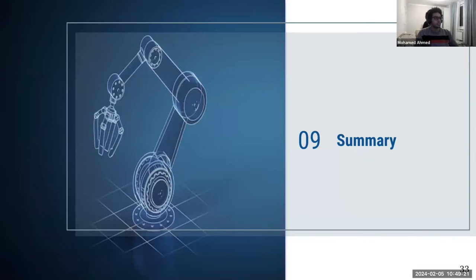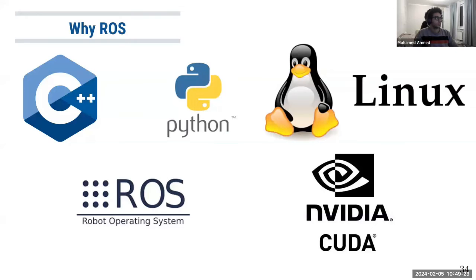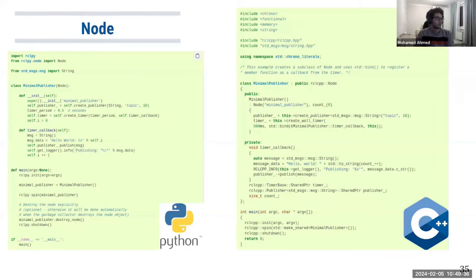So let's sum up. We talked about why we are using ROS, and we talked about how we can use it with C++ or Python, and we can use Linux as the operating system or Windows. We talked about the structure of the executable, and when we add the topic message to it, it can act as a node.